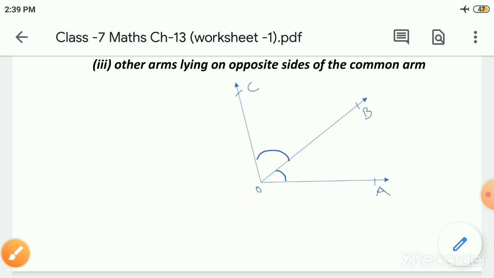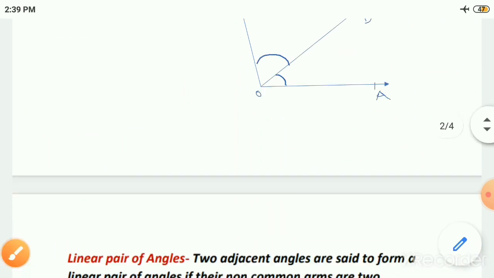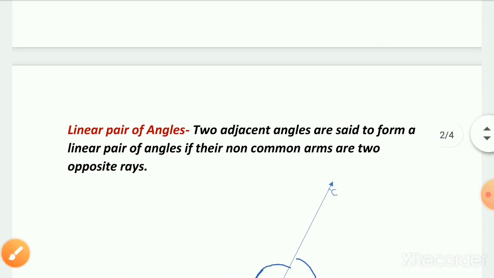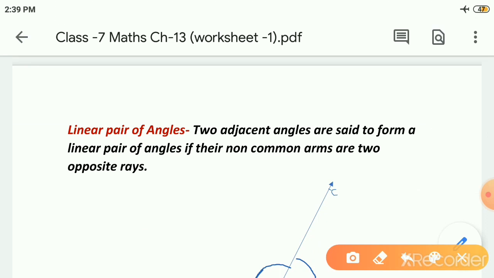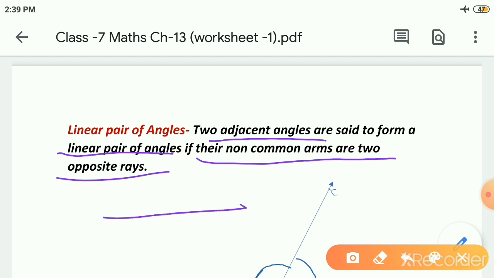Let's move on to the next topic. It is linear pair of angles. Now we have learned what adjacent angles are. If we are talking about two adjacent angles, we say they form a linear pair when their non-common arms are opposite rays. Opposite rays means one should be in this direction and one should be in this direction, totally opposite to each other.